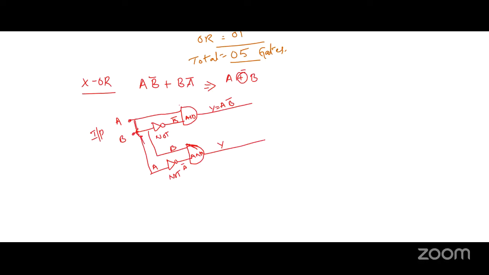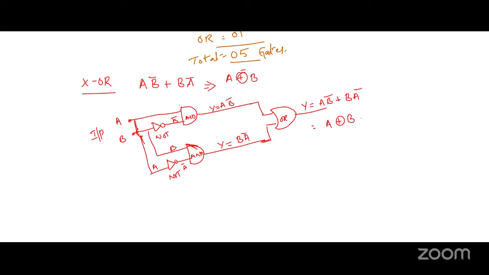So what is the output here? These two you have to add. OR gate. AB bar. So this is the logical representation related to the XOR gate.